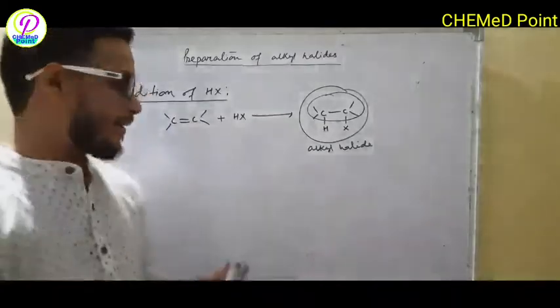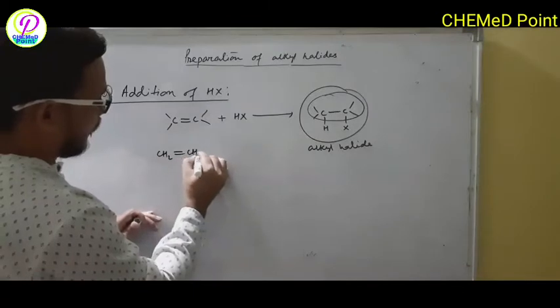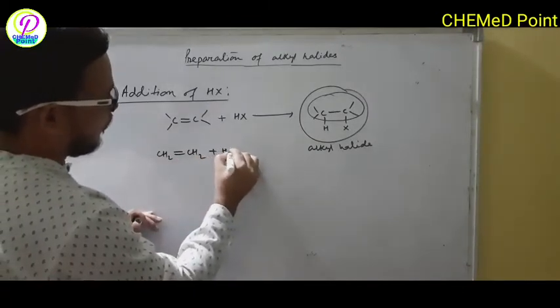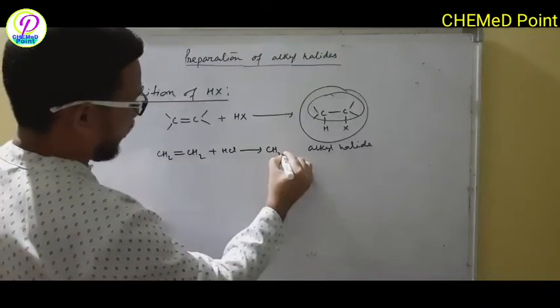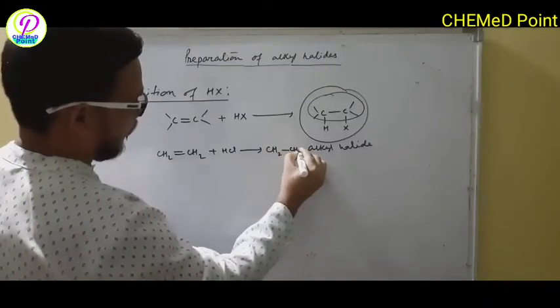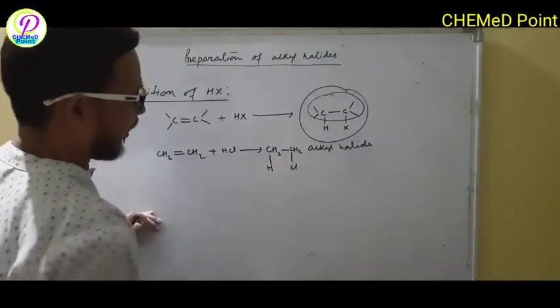Let us take an example. CH2=CH2 plus HCl gives CH3CH2Cl.